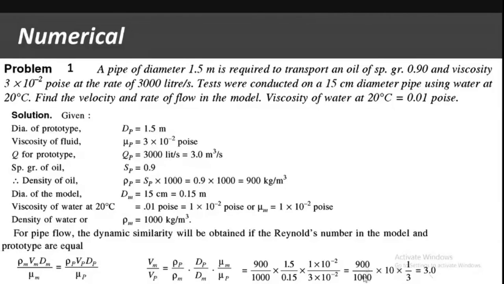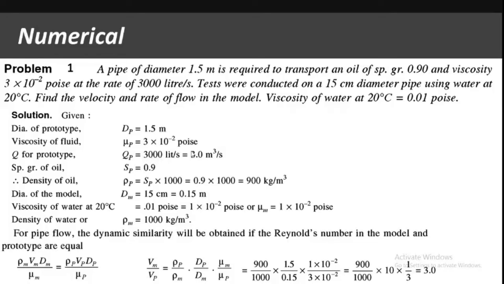So ये सॉल्व करोगे आप. So this 900 upon 1000 into 10 into 1/3, so it comes out to be 3. ओके, तो हमें वेलोसिटी रेशियो मिल गया.